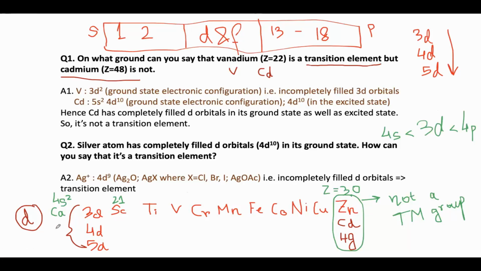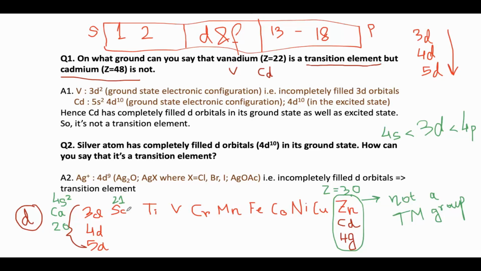Now, calcium has the electronic configuration 4s2, and it has the atomic number Z equal to 20. So scandium will be 1 plus that, that's why scandium is 21. Scandium's electronic configuration will be 4s2 3d1.